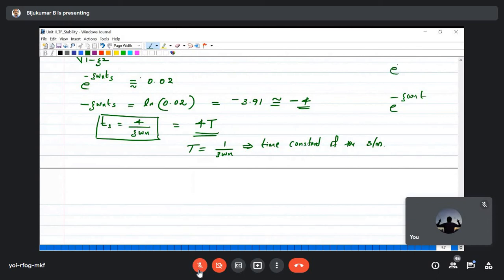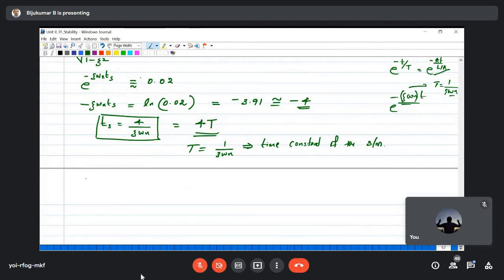For a first order system, it is e power minus t by tau. For an RL circuit, you might have derived it as minus Rt by L, right? So it will be t by tau. If you compare both equations, for a second order system the time constant is 1 by zeta omega n. So if you substitute here, you will get 4T.